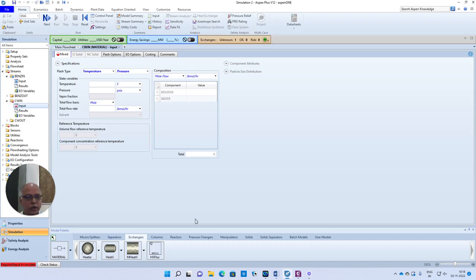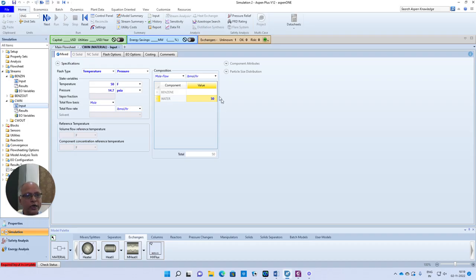Now cooling water is available at 50 degrees Fahrenheit. We assume the pressure as 14.7, ambient conditions. Remember, in order to complete the problem definition for rating, we need to specify the water flow rate. In fact, we are required to calculate it. So let me also assume this as 50 lb moles per hour, right?